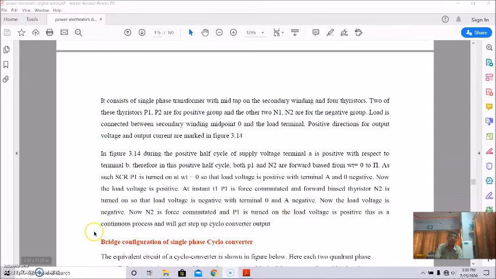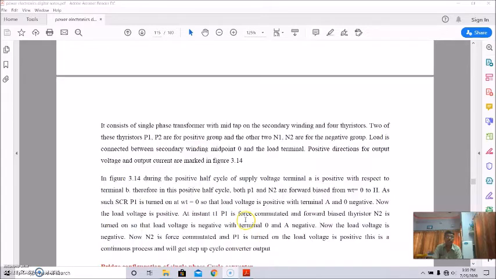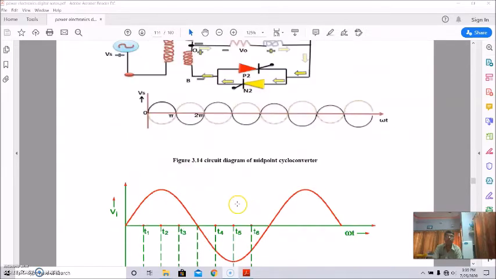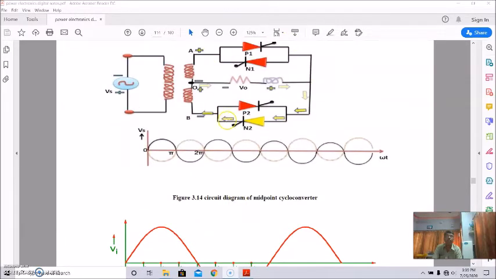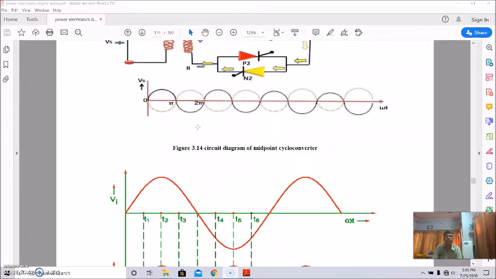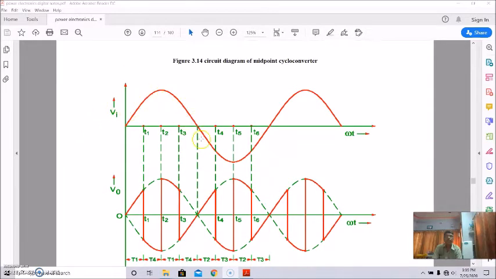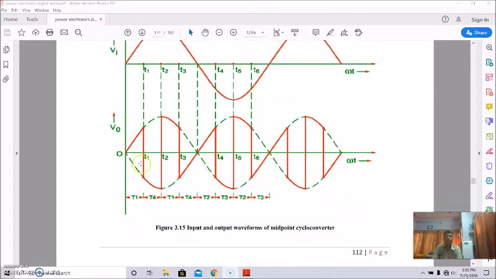This is a continuous process and we get a step-up cycloconverter output. So this will be like this. Clear? And this is the operation cycle.